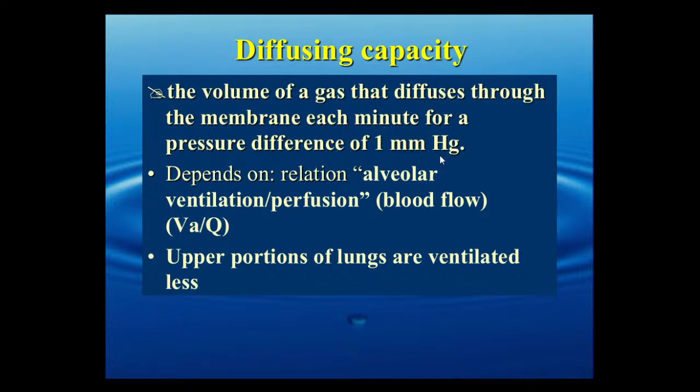So we can measure diffusion capacity as the volume of gas that diffuses through the membrane each minute for a pressure difference of 1 millimeter of mercury, and this capacity depends on relation alveolar ventilation divided by perfusion. Perfusion is blood flow in lungs, and this relation you can see here. It's blood flow and it's alveolar ventilation, and effectivity of this stage of respiration is determined by this relation, alveolar ventilation to perfusion.